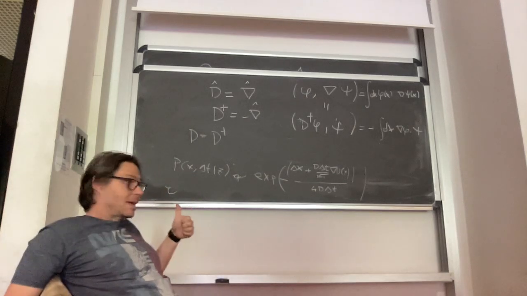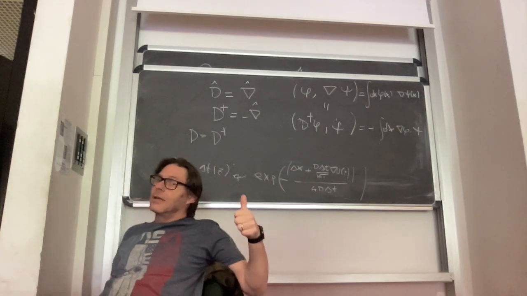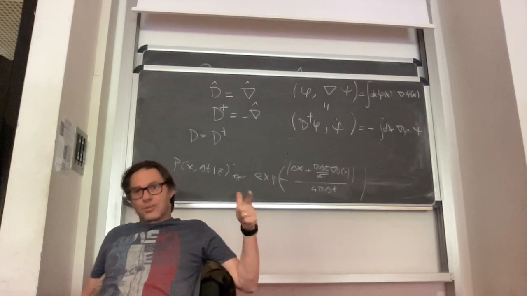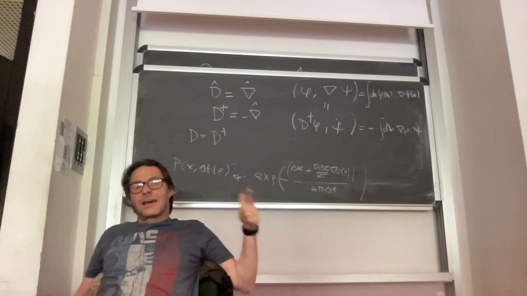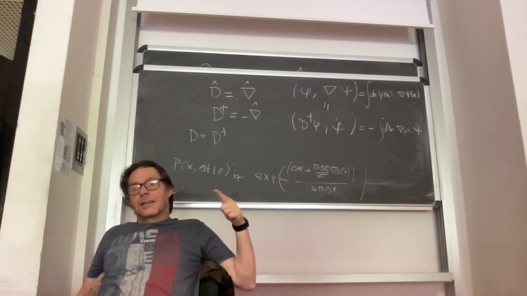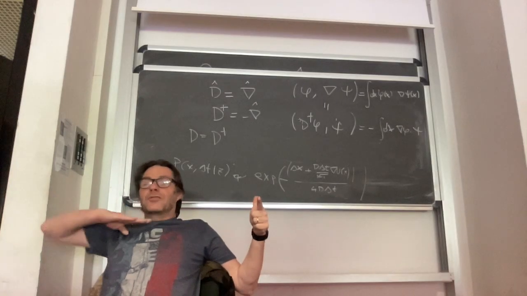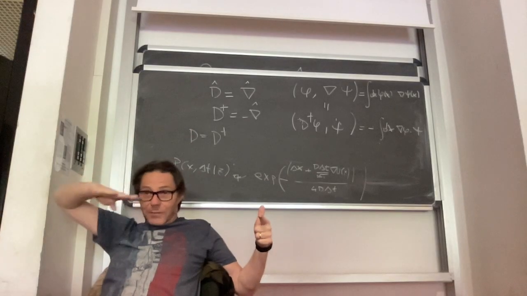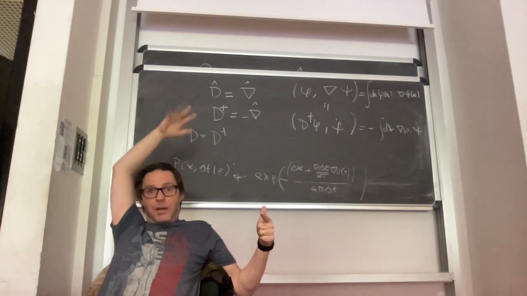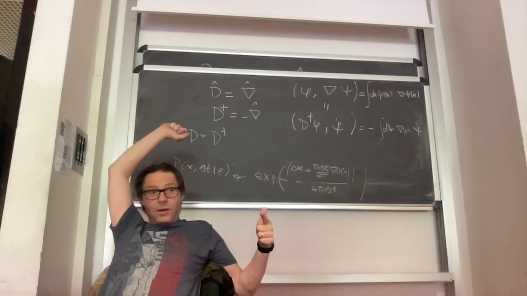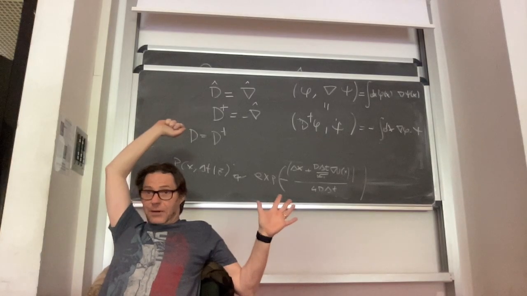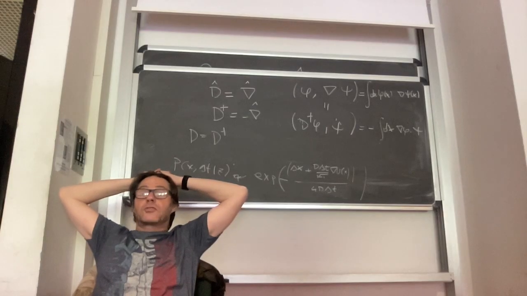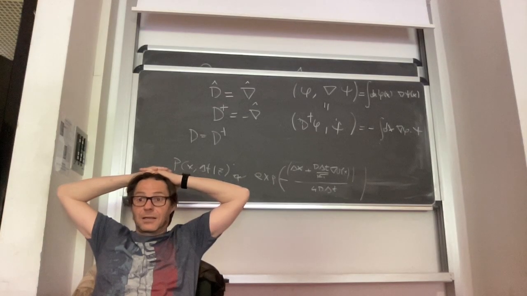Number one, and I will show it now, it conserves probability. Number two, it has a well-defined real spectrum bounded from 0 up. So the lowest eigenvalue is going to be 0, and the next one is going to be positive. I'm going to write these things up. But what I want to say is that normally non-Hermitian operators don't have these properties.